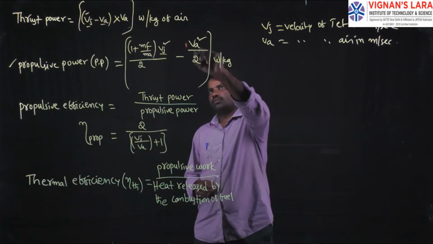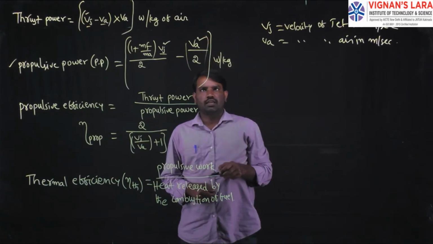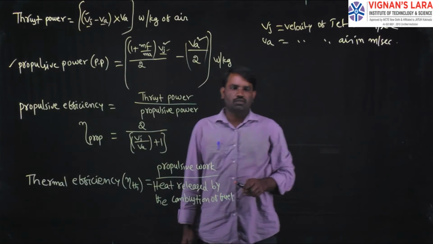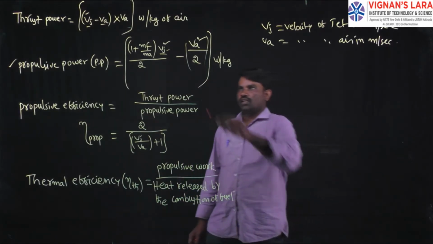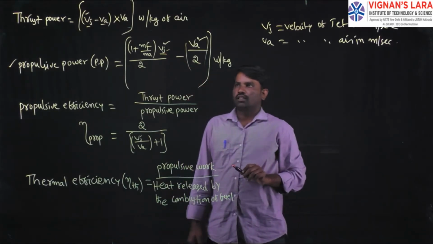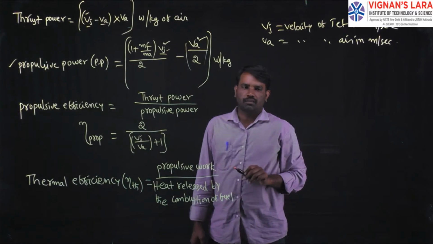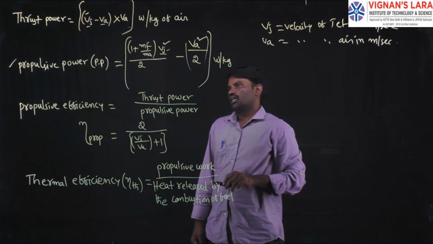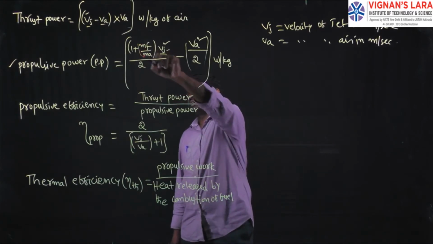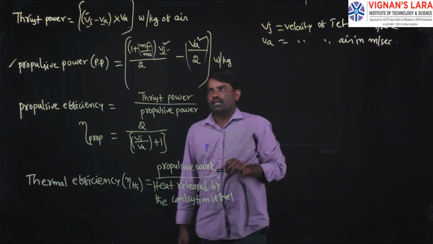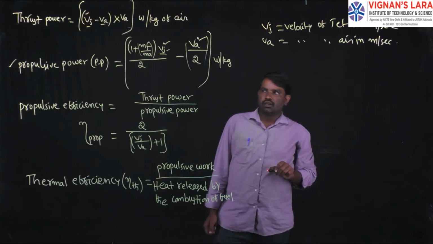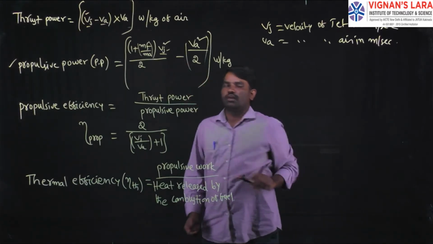Based on the movement of the aircraft the velocity of air is Va, and because of the expansion of the gases from the nozzle body the velocity of the gases is Vj. Those velocities we find based on the temperature differences and specific heat of air. If you consider the mass of fuel, it is (1 + mf/ma) Vj². If you are neglecting the mass of fuel, you have to write 1 into Vj².